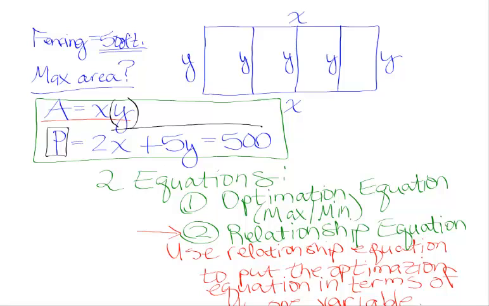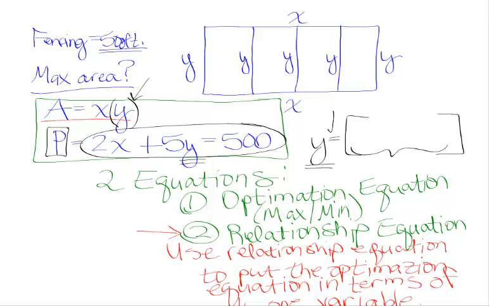So I'm going to take the relationship equation and solve it for y. I'll have y equals some expression in x. And then everywhere in the optimization function that I see this variable, I can write this instead.